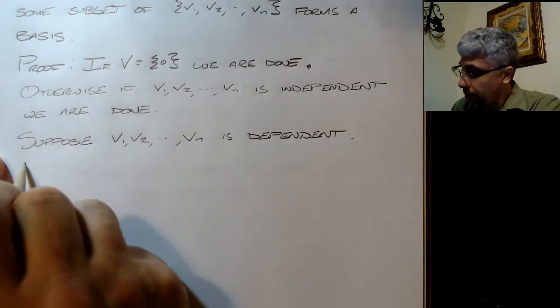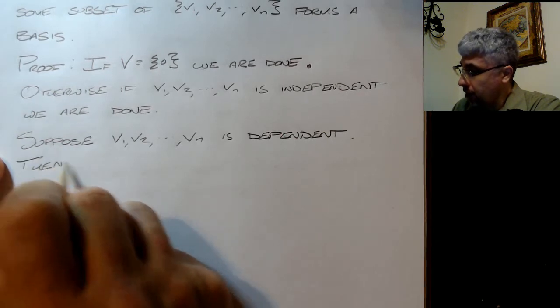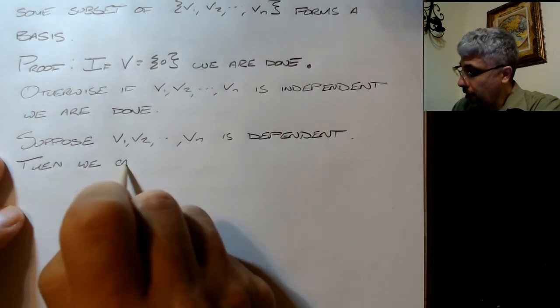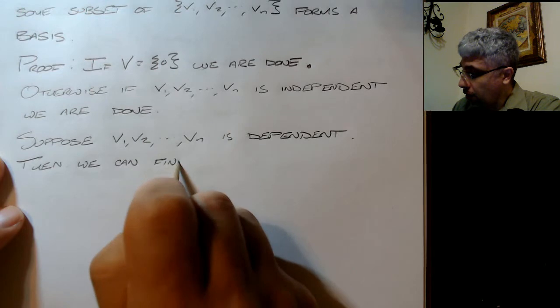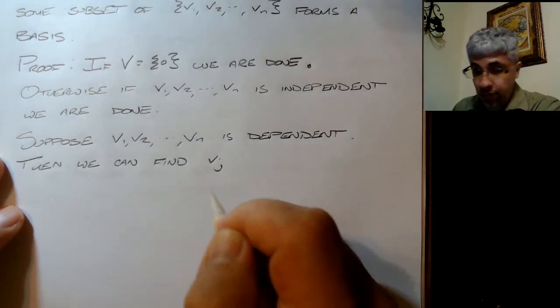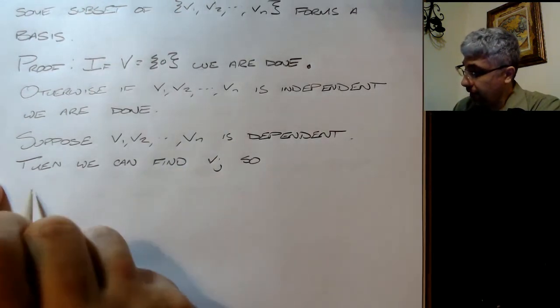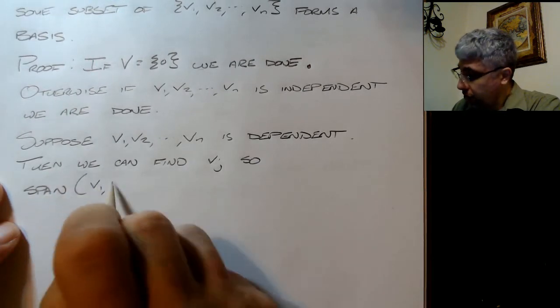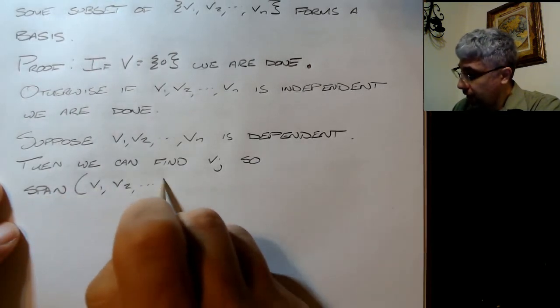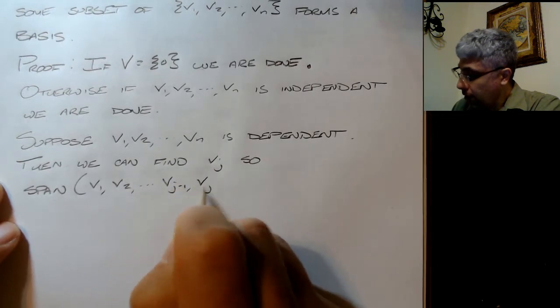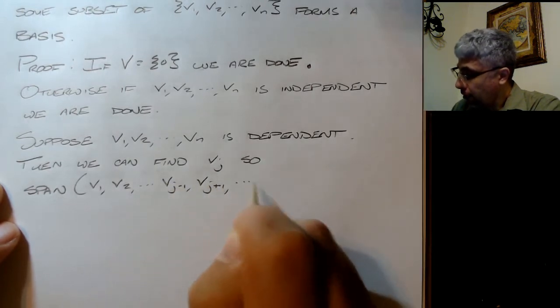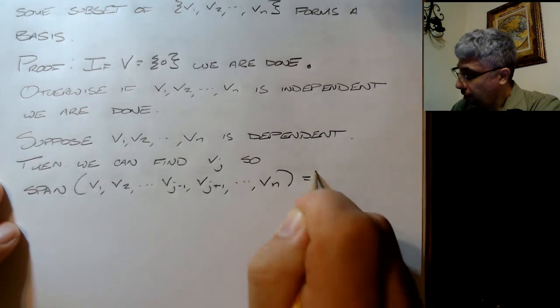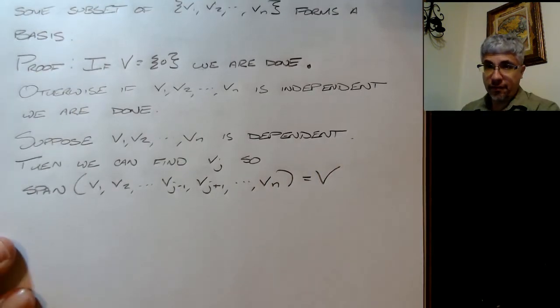Well, what do I know? Then I know we can find a Vj, and we've proved this before, so that the span of the vectors without Vj is the same. Okay?